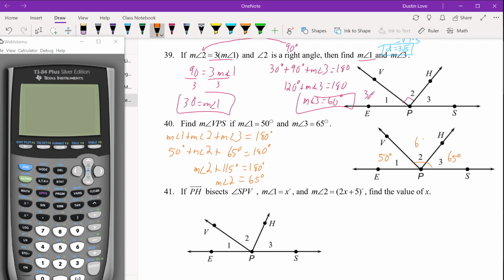So if this is 65 degrees, I know that the measure of angle VPS is equal to the measure of angle 2 plus the measure of angle 3, which is 65 plus 65, which comes out to 130 degrees.